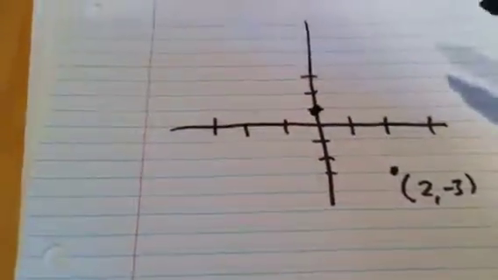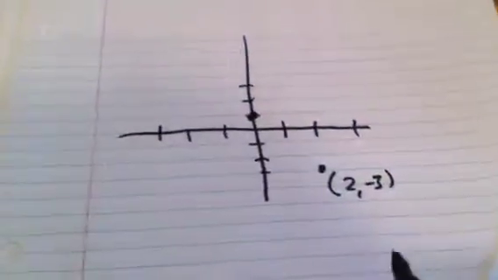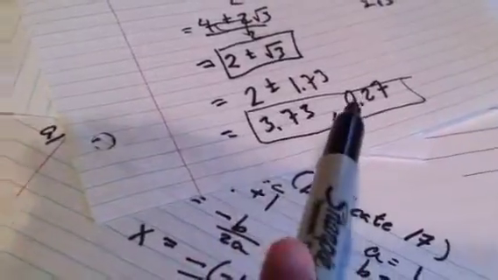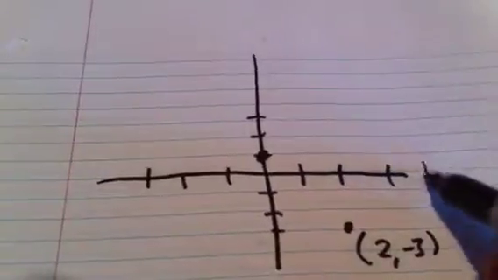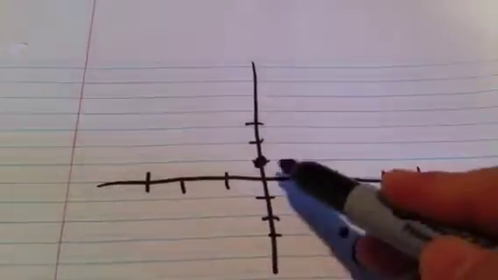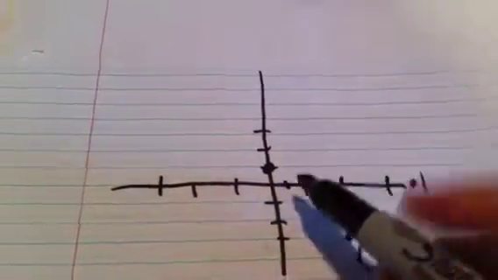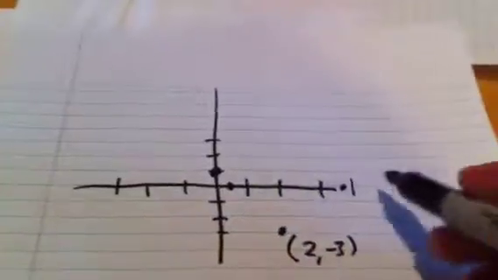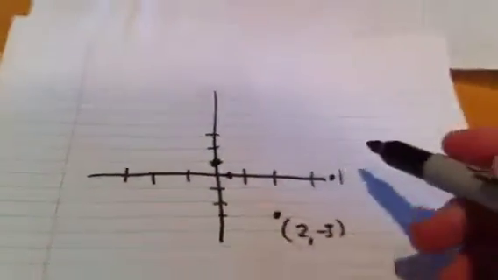There's my y-intercept there. And then my x-intercepts were that lovely 3.73 and 0.27. So it's going to cross the x-axis at 3.73 and 0.27. So there, 0.27, about a quarter of the way between 0 and 1, 3.73 there.